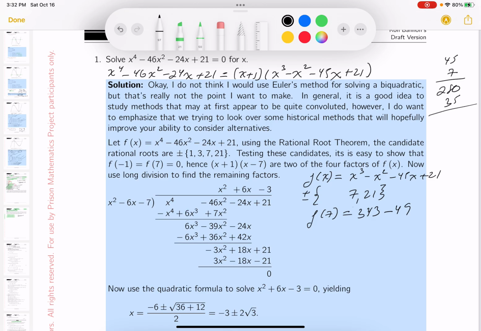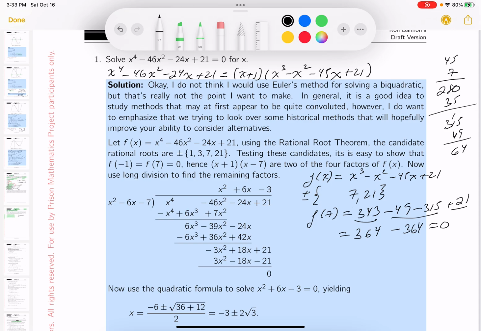That's going to be 315 plus 21. I'm sorry, minus 315. Sorry about that. Minus 315 plus 21. Well, I'm going to take the positive and add them together, and it's going to be 364. I'm going to add the two negative numbers together. That's 315 and 49. Let's see, 9 and 5 is 14, right? 364.